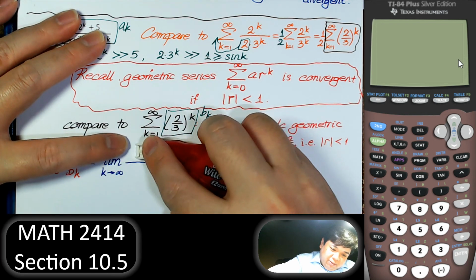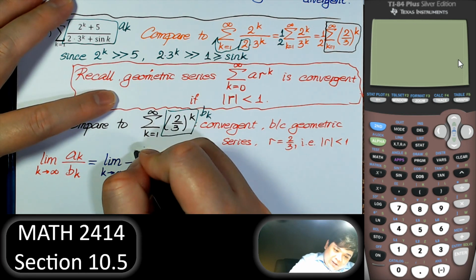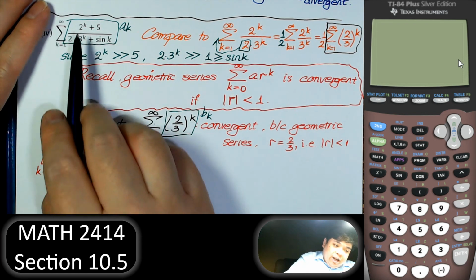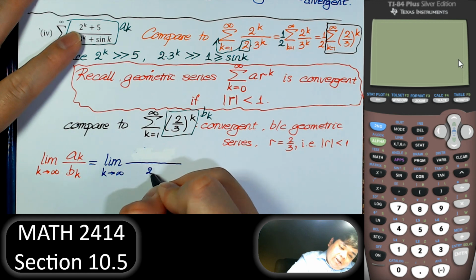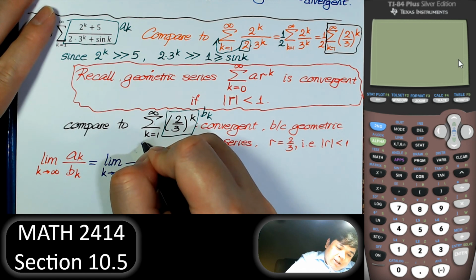Big fraction. So a sub k over b sub k, I write b sub k first, and a sub k.